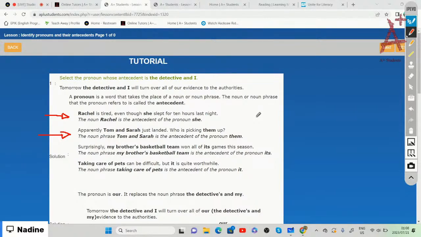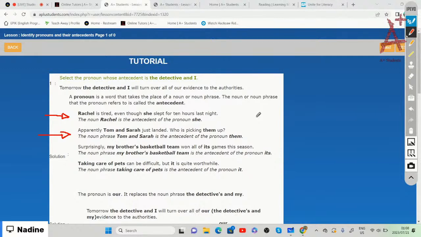Once again, a pronoun is the word that takes the place of the noun, and the noun that the pronoun refers to is called the antecedent.